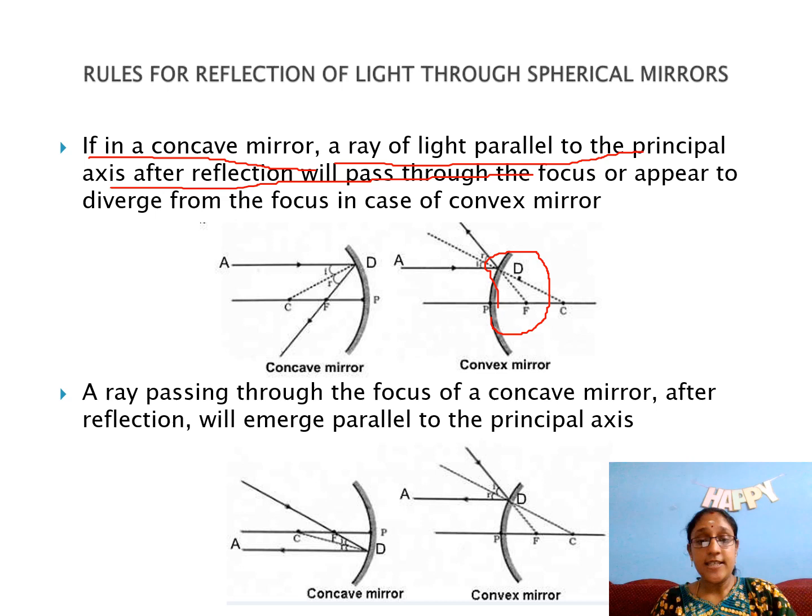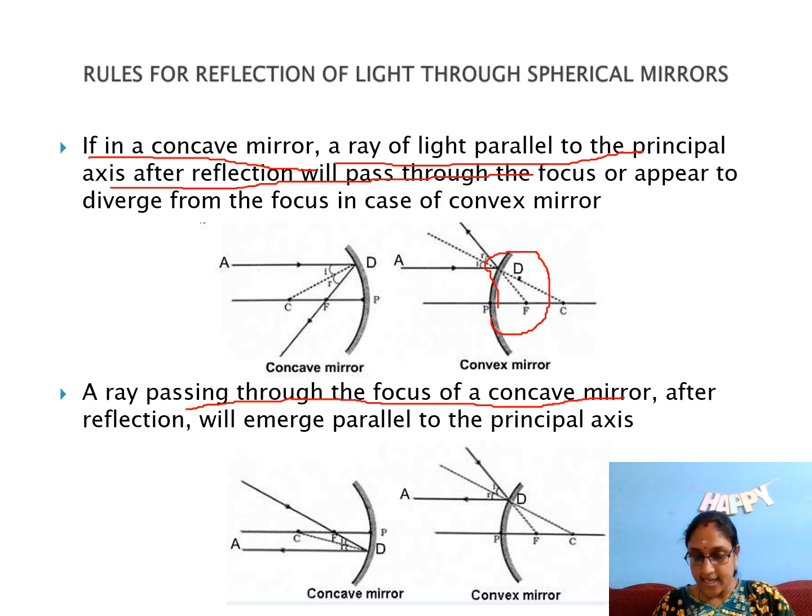A ray passing through the focus. So what will be your second rule actually? The first rule is whenever a ray is parallel to the principal axis. Next is a ray passing through the focus of a concave mirror after reflection. Can you see this?